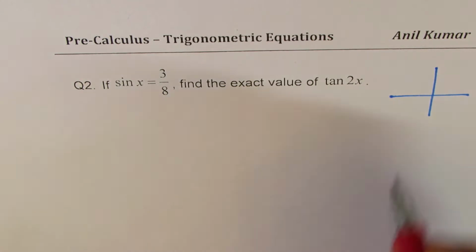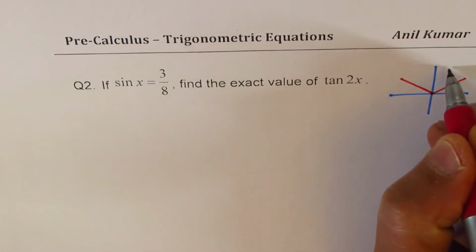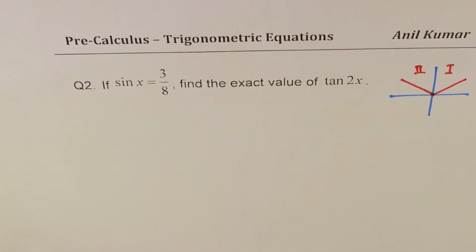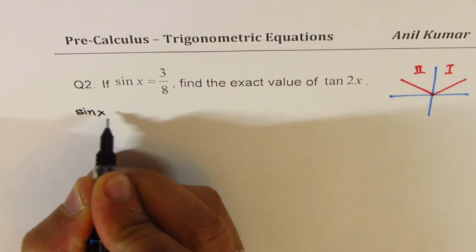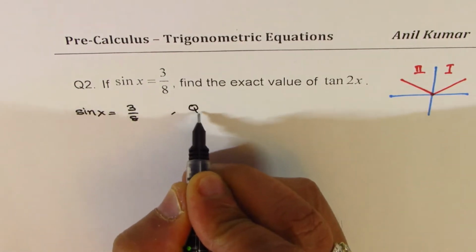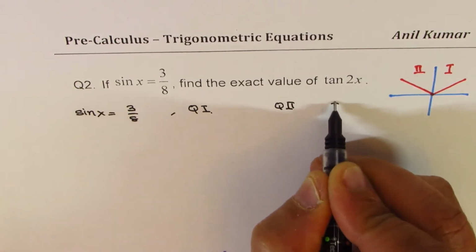That means x could be either in quadrant 1 or in quadrant 2. Right? So these are 2 possible scenarios. Correct? So when we say sin x is 3 by 8, it means we could be in quadrant 1 or in quadrant 2 because both are positive values for sine.